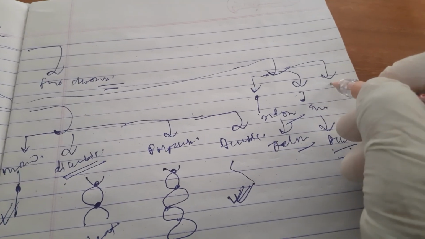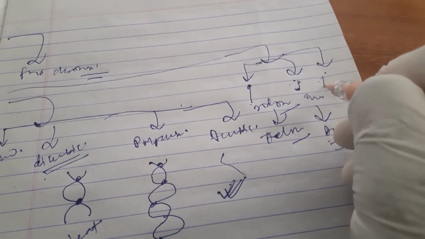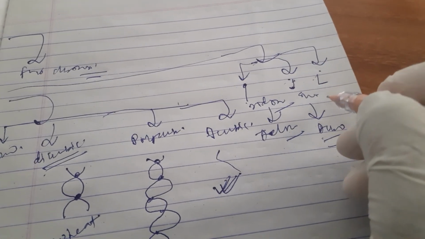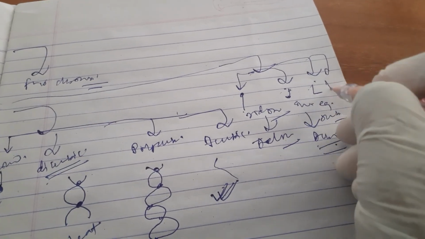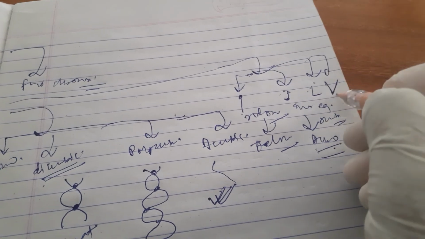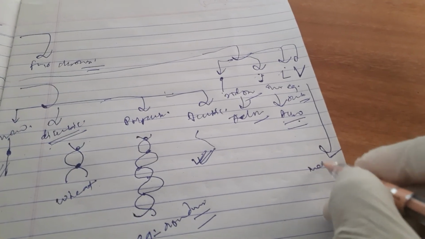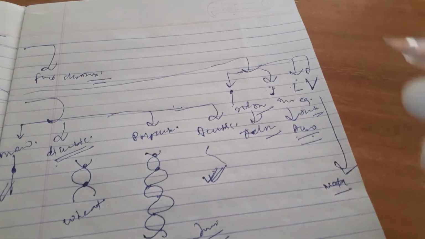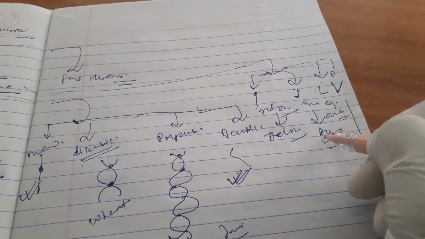And when it is L shaped, example is submetacentric chromosome. And when it is V shaped in metaphase, then it is metacentric. So metacentric, V shape, submetacentric, L shape, acrocentric, J shape, and telocentric, rod shape.